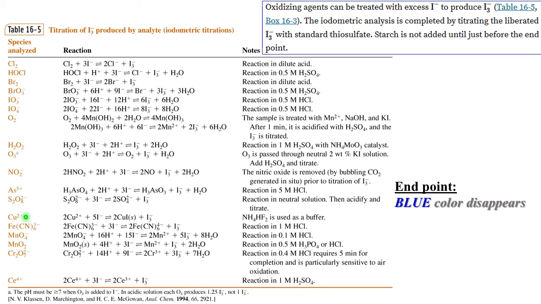Another nice example of iodometric titration is titration of copper. Copper ions react with iodide to make colorless copper iodide solid and I2. This I2 or I3 minus, which is the same, can be titrated with thiosulfate to make a colorless solution with white solid of copper iodide left.